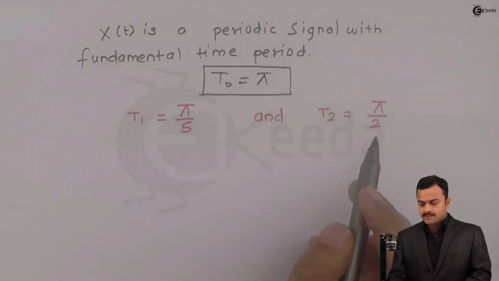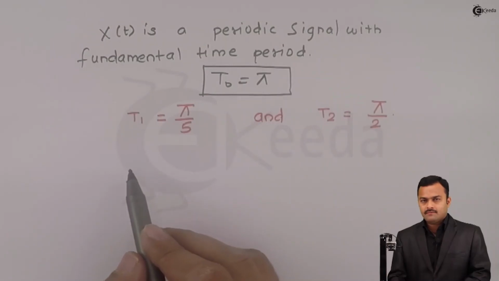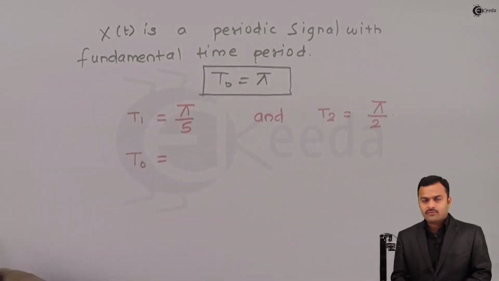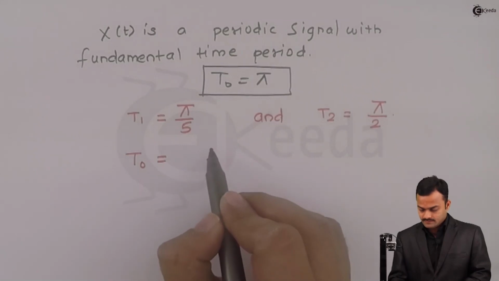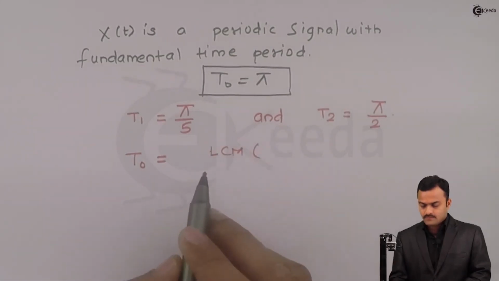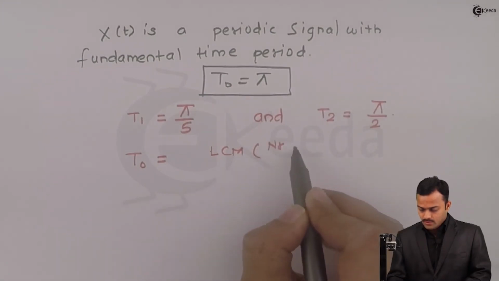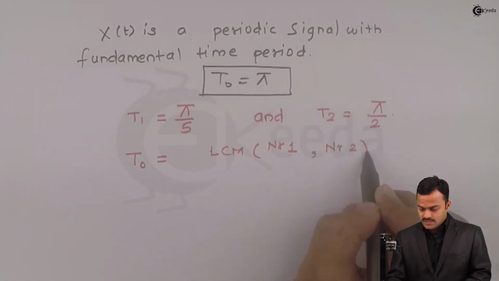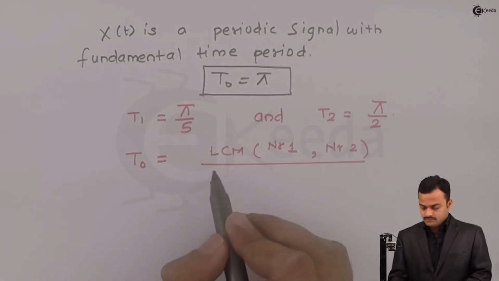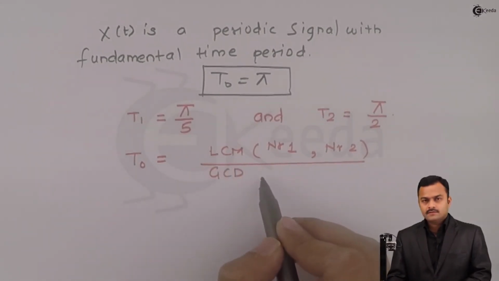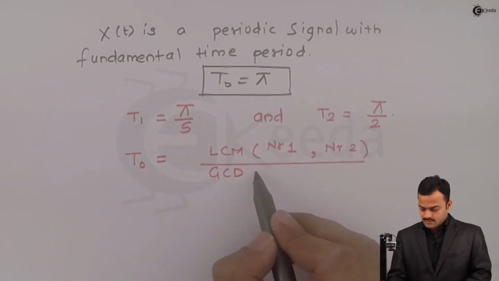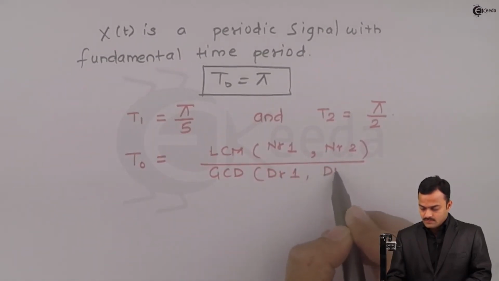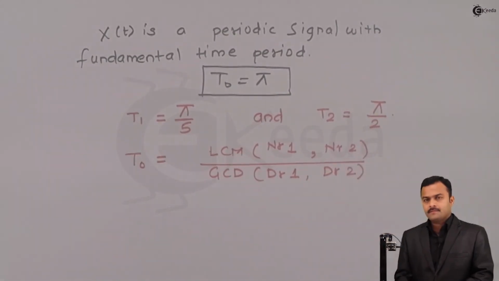Since both of them are not integers, we can say the fundamental time period for x(t), which is T0, will be nothing but the LCM of the numerator of the first number and the numerator of the second number, upon the GCD, greatest common divisor, of the denominator of the first number and the denominator of the second number.